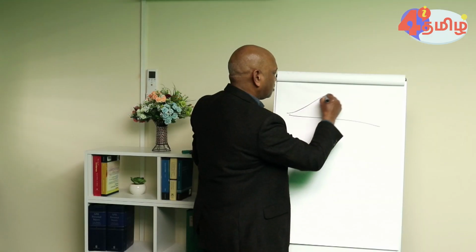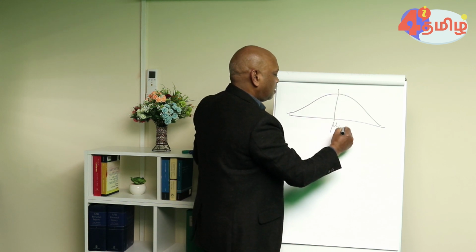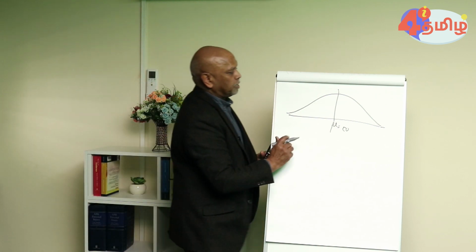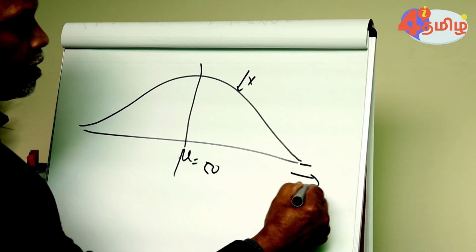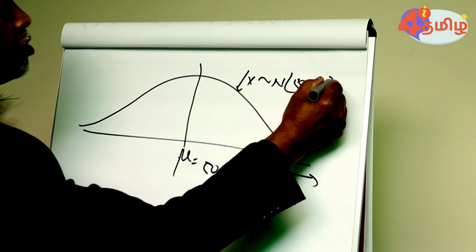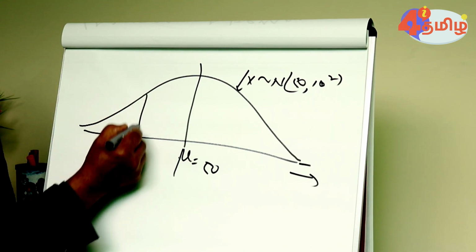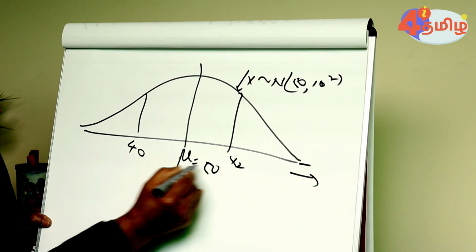Again, normal distribution, without thinking anything, you can draw this. Again 50, because I'm just using the same example. You write X corresponds to N(50, 10 squared). I'm using the same example in order to explain the different stages of the questions. This is 40, and this is x2.